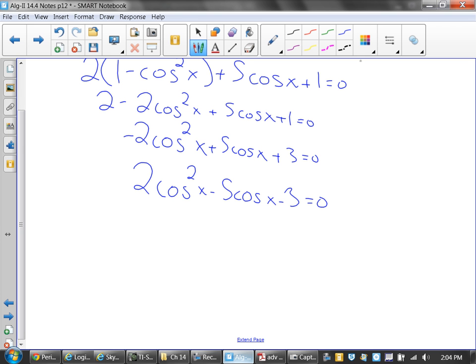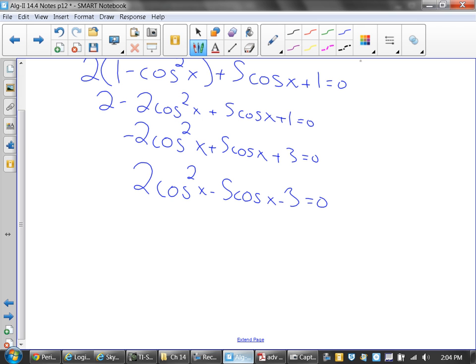Yes, sir? Can you just pull the 2 cosine out of 2 cosine squared? What do you mean? Are you trying to do just a GCF or something? Treat it like you would a trinomial, because right now it's set up as a trinomial with degrees going down one by one.